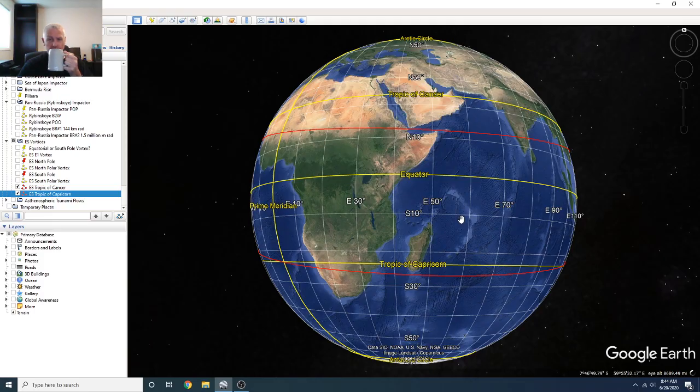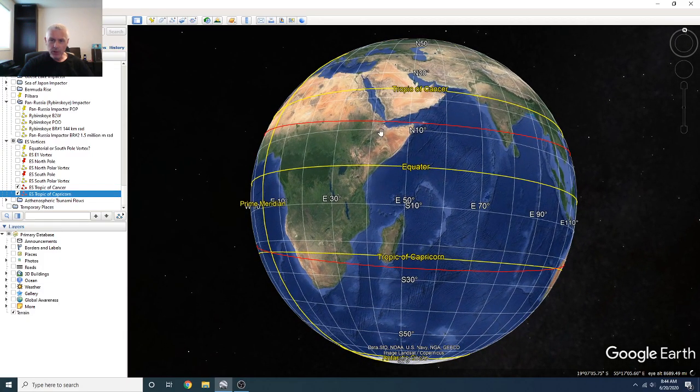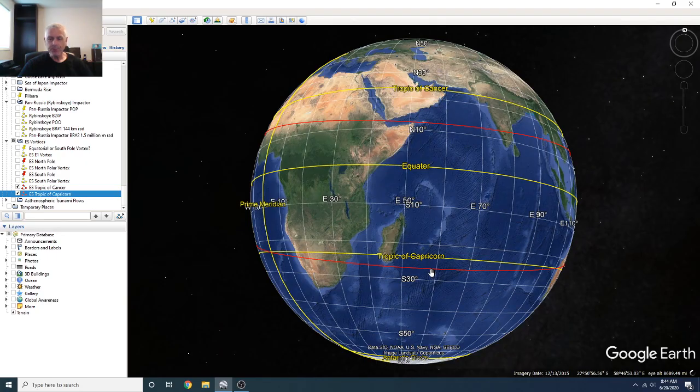And what we've got to do is imagine where the middle, where the center between here and here is, and then we would have to establish it.